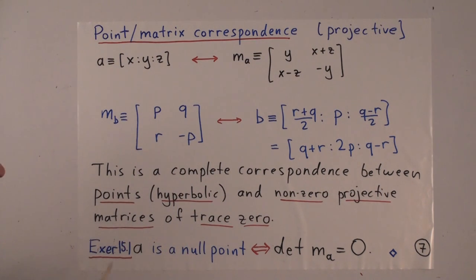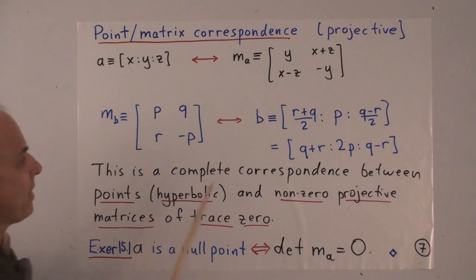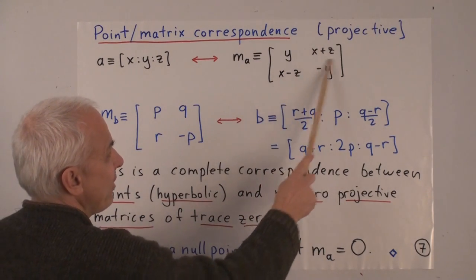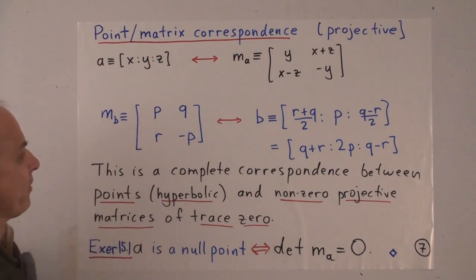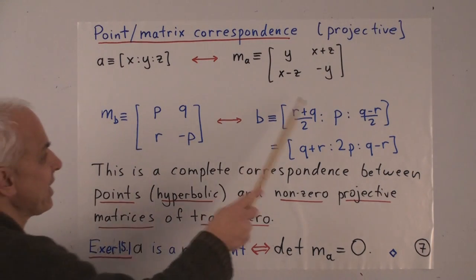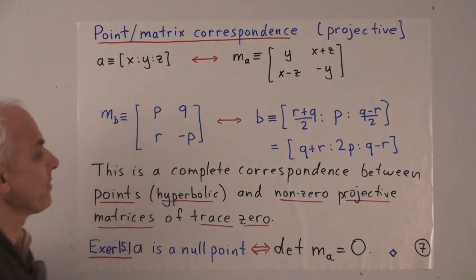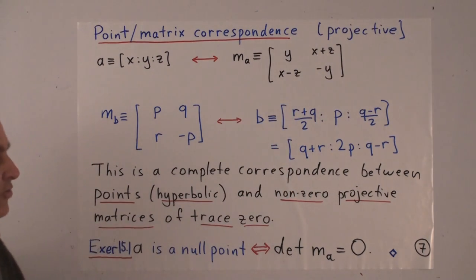Well, then how do we recover the actual coordinates of B? How do we get x from this? We just take this entry and divide by 2. So R plus Q divided by 2 will be the first coordinate. The second entry, y, we just read it off from here. That's just P. And the z entry, the third one, is this entry minus this entry divided by 2.